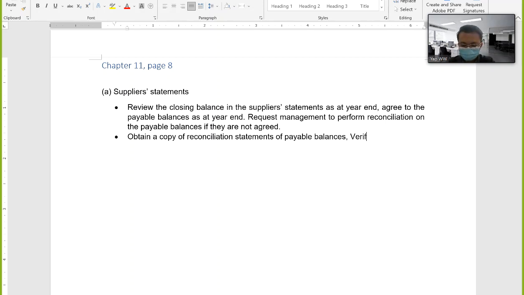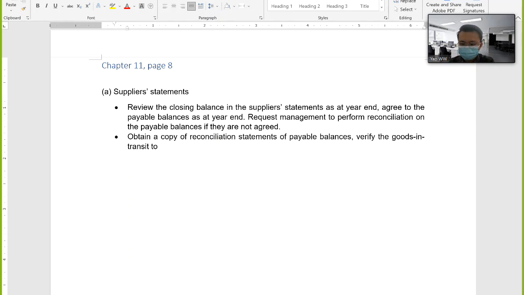Now I will verify the goods in transit. Another key point, to which document? We'll follow dispatch notes. Don't follow invoice. You see when you receive the goods.